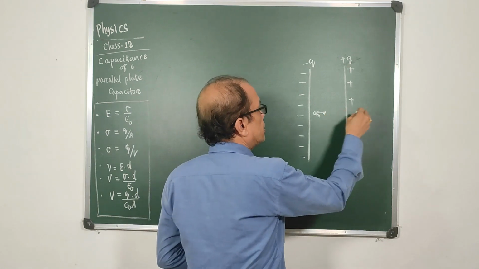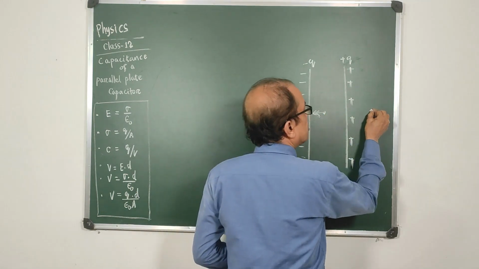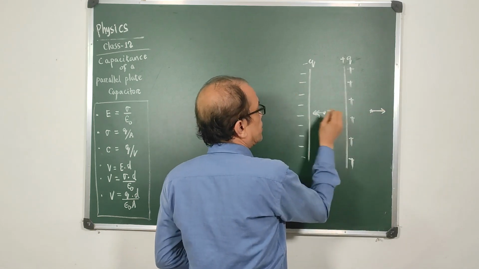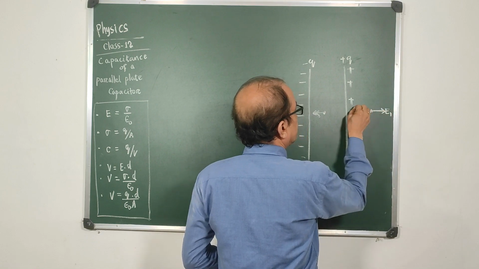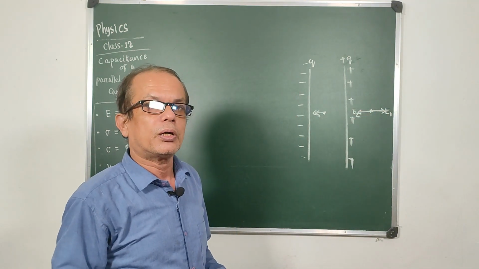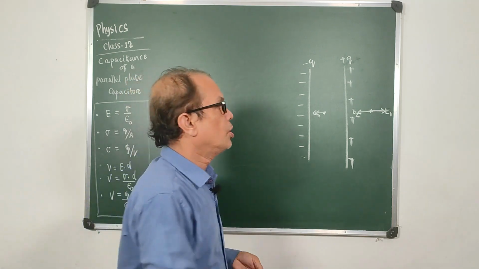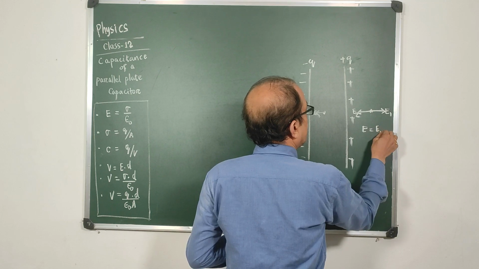But what if the charge is outside? It will be repelled by this and attracted by that. So if the repelling field is E1 and the attracting field is E2, then the net field E here will be E1 minus E2.